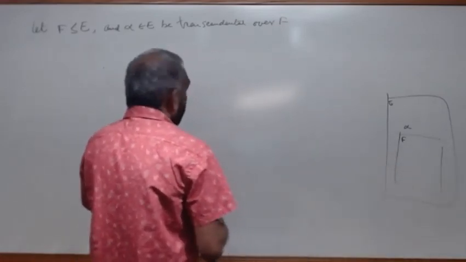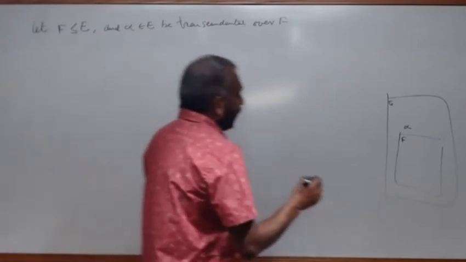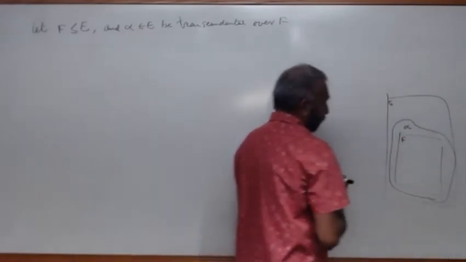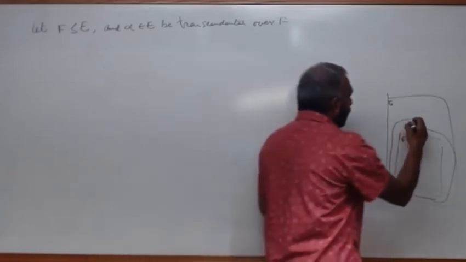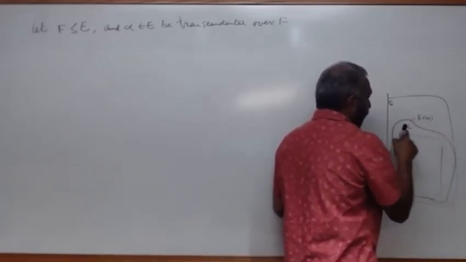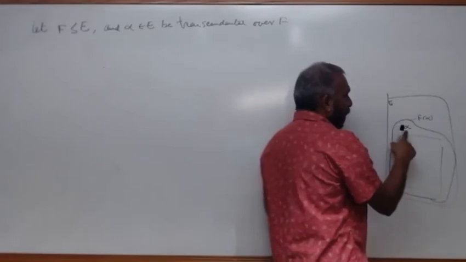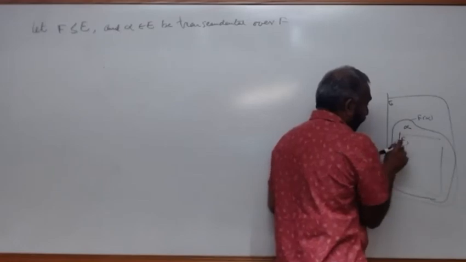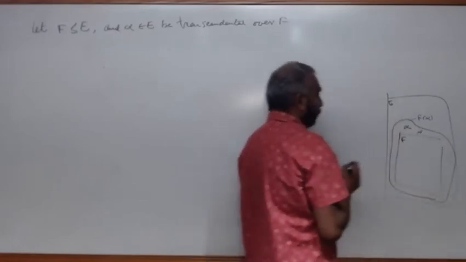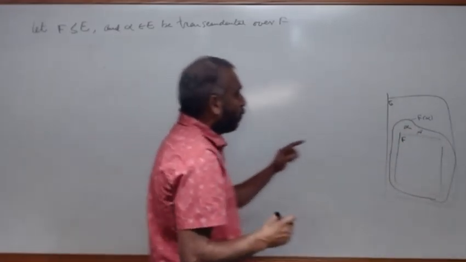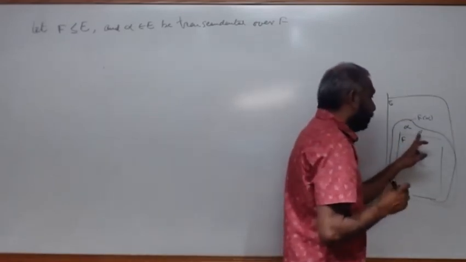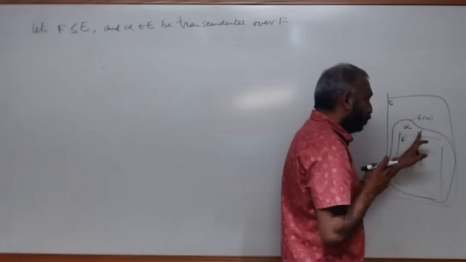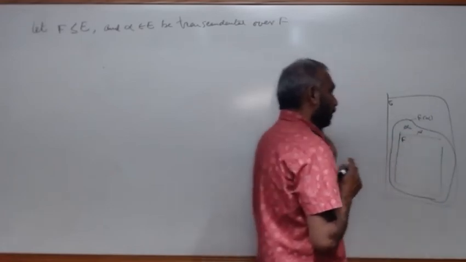Now, let us take the simple extension of this. This is actually F of alpha. Alpha is transcendental. And we are going to take another element within F of alpha but outside F, and see what kind of element this is. Can it be a transcendental element, or can it be an algebraic element, or does it have to be a transcendental element?